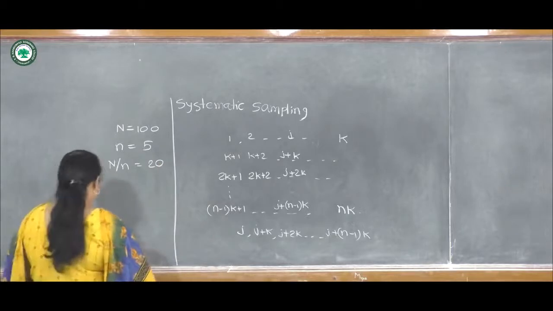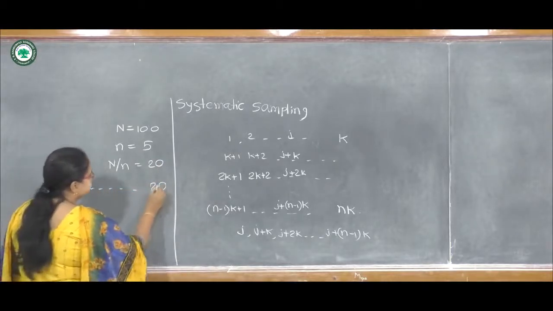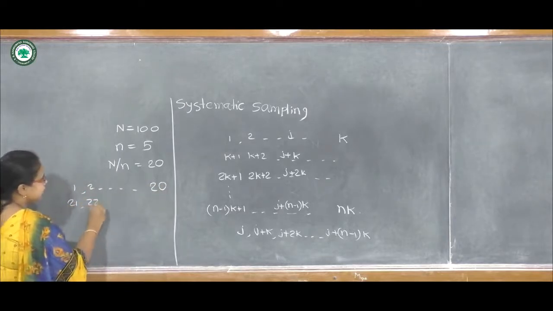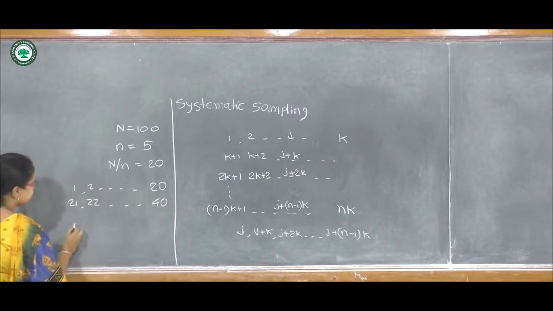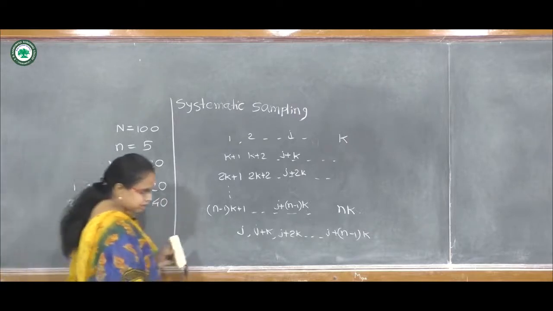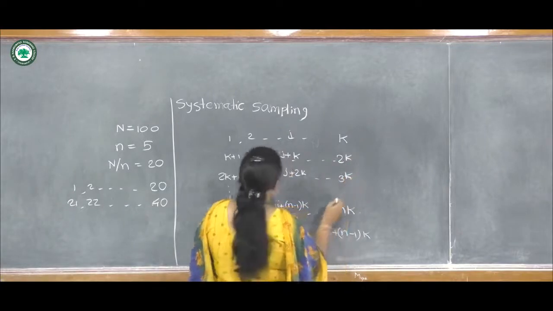So this will be 1 up to 20, 21, 22 up to 40, here I have to write 2k, 3k and so on.